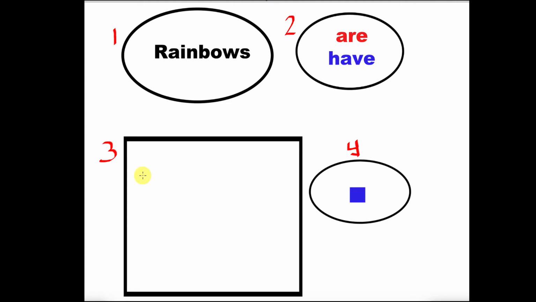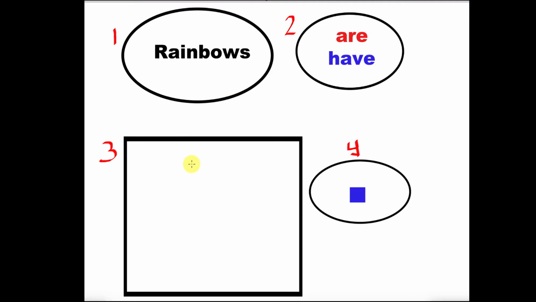You don't want to cluster up your thinking square. You don't want to have a bunch of words on here, because the point is for you to be able to write sentences independently on your own, also using blending. So it's easier if it's nice and clean.